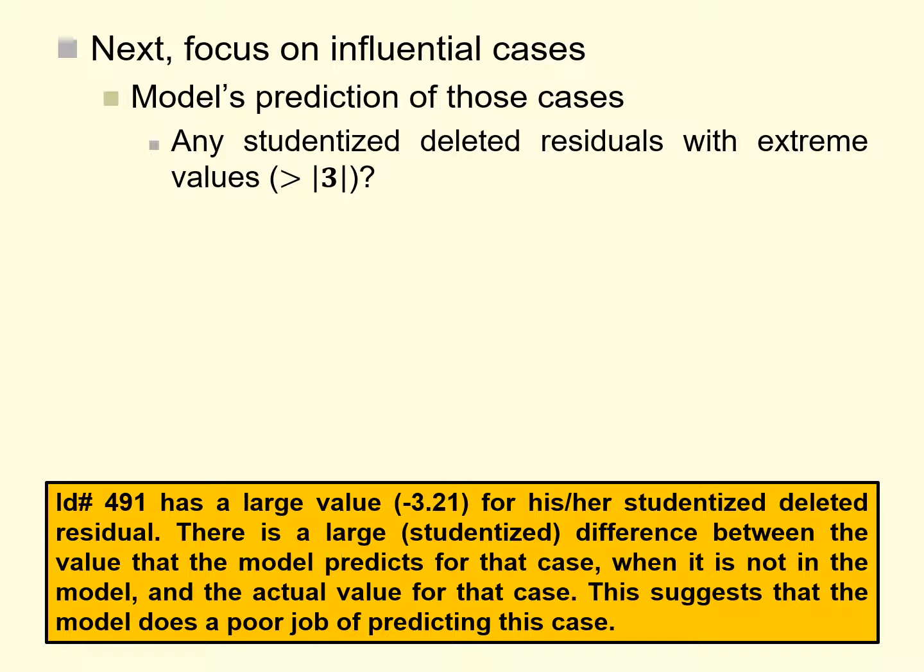And again, our case 491 happens to have a large value for his or her studentized deleted residual, suggesting that there's a large difference between the value that the model predicts for this case when it is not in the model and the actual value for the case. This suggests that the model does a poor job in predicting this case when the data isn't in the model. This case has a lot of influence on the model's ability to predict it.